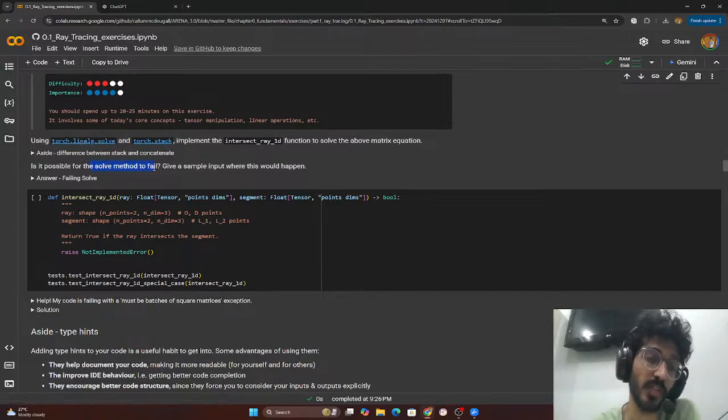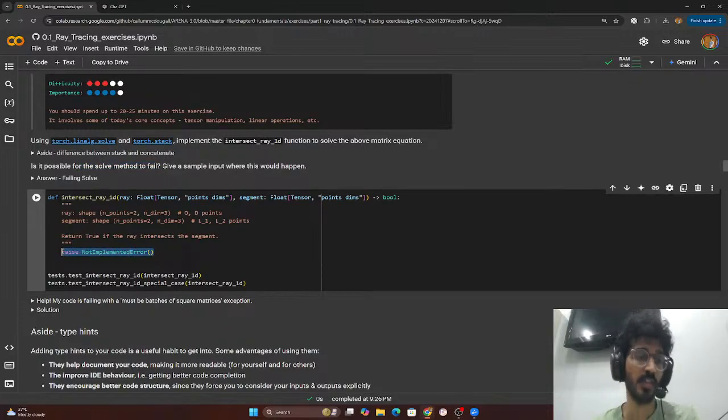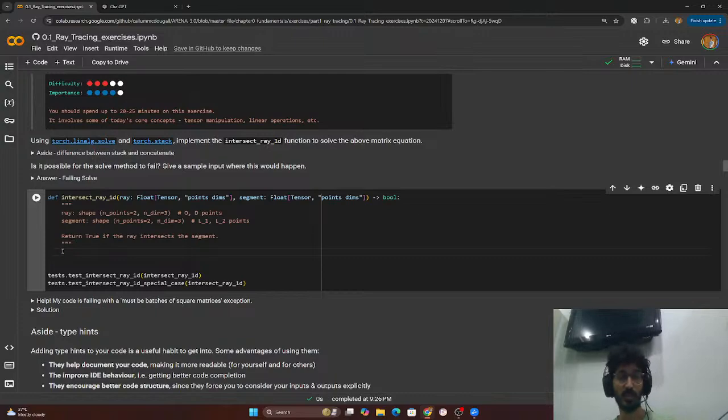Is it possible for the solve method to fail? It can fail if there are no solutions, so yes, it's definitely possible. Sample input, we'll come to that later. Let's worry about the happy path now.